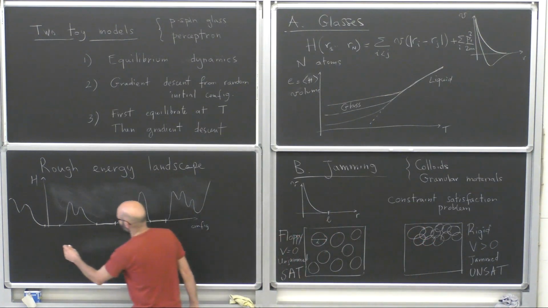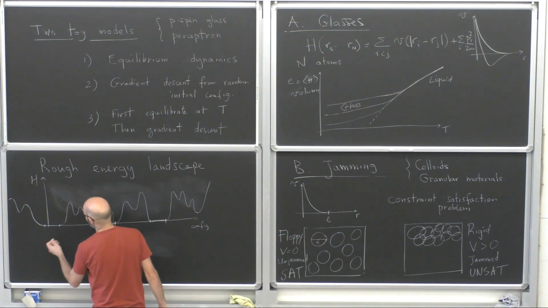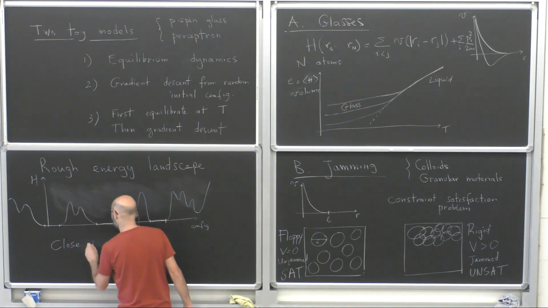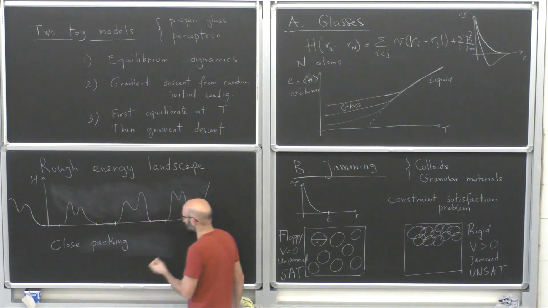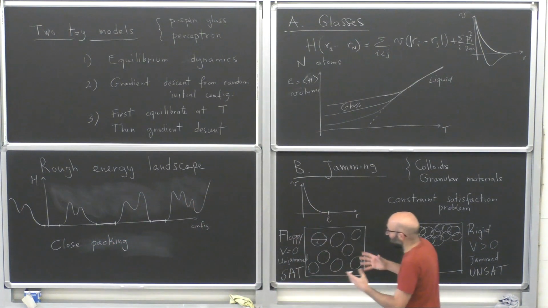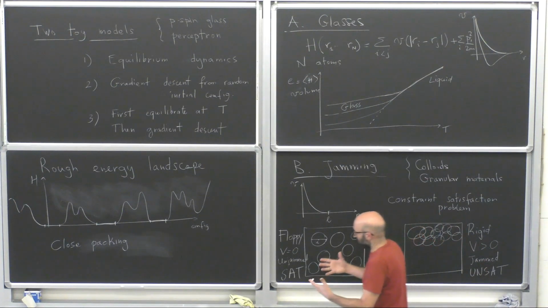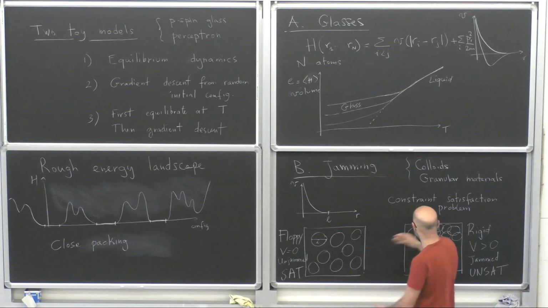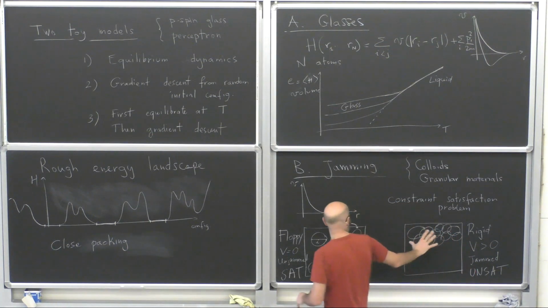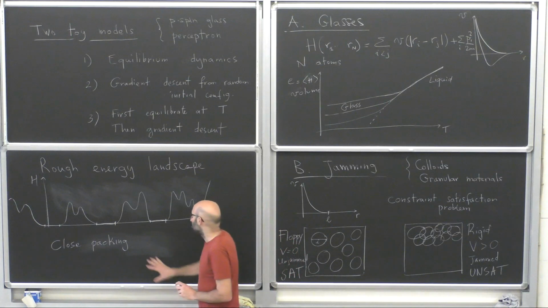This is called a close packing configuration. So is there a density at which I reach the densest packing that I can make, and above that I need to have overlaps?